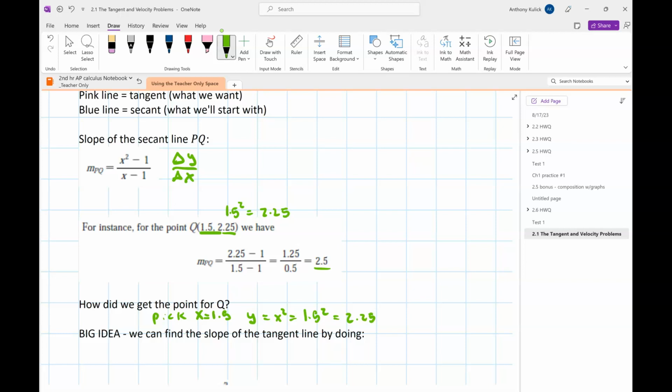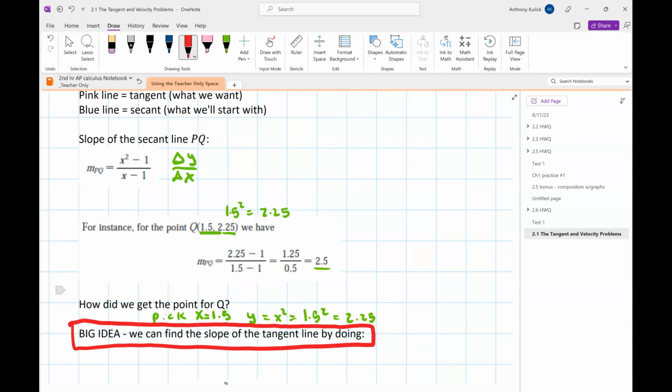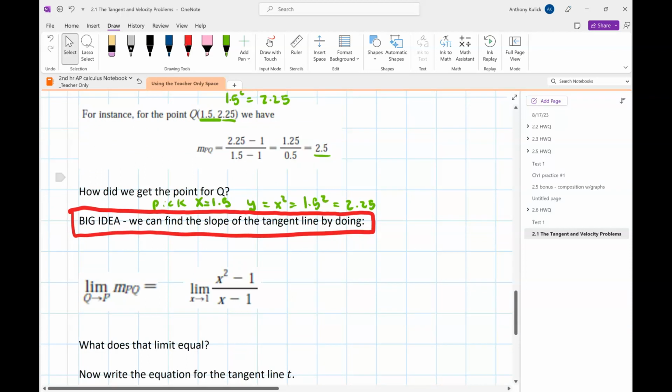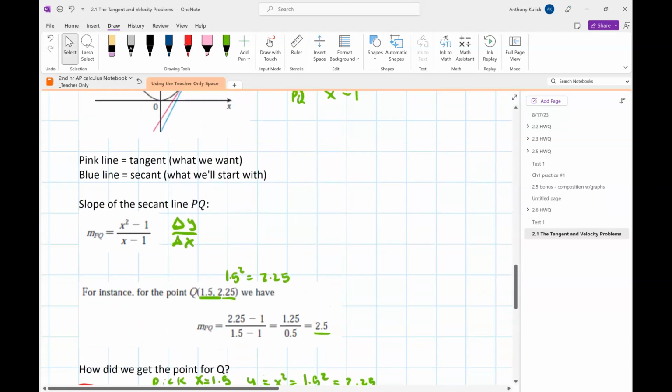So here's the big idea. This is the big one. This is what we're building towards. This is the big new idea that we're going to be exploring in this next unit. What if I look at the limit as Q gets closer and closer to P of the slope of PQ? Go back to our picture here.